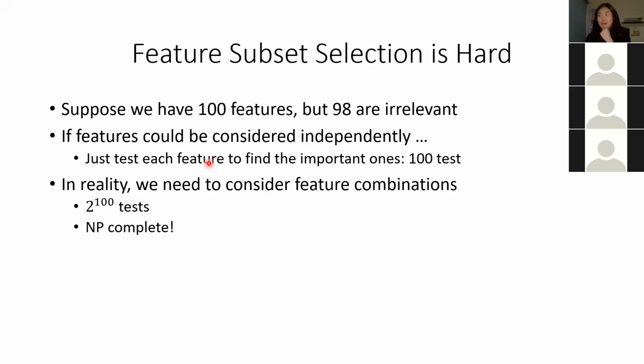So what we have to do is test combinations of features, and that's really hard, because I'm talking about a big number. It's actually NP-complete. We're not happy, but we at least understand why it's important now.